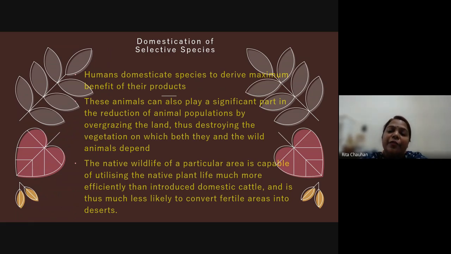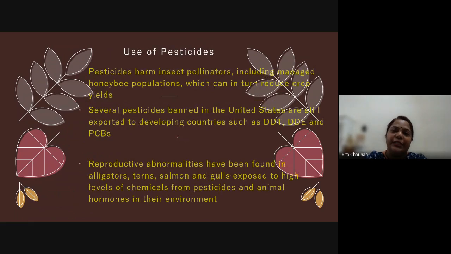Because they have the habit of having food in their domesticated area. So slowly they will lose the potential to catch animals and eat them, or to feed through the land. So domestication of selective species is again one of the reasons for loss of biodiversity.